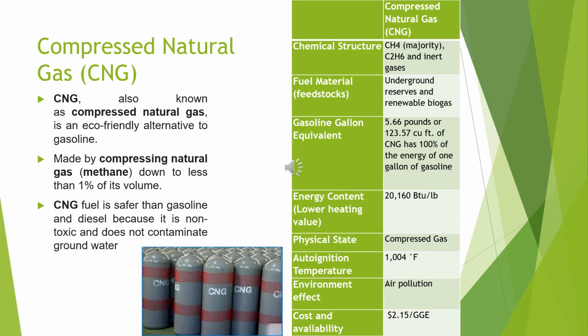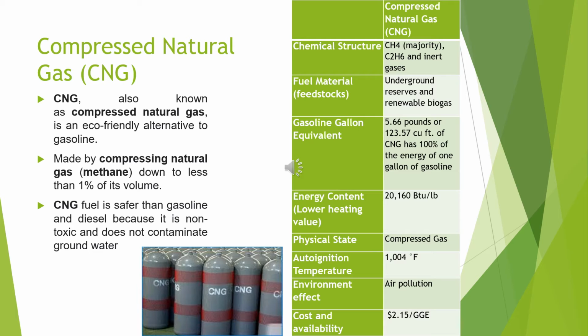The chemical structure of CNG is CH4 majority and C2H6 and inert gases, and its fuel material is underground reserves and renewable biogases. Its gasoline gallon equivalency is that 5.66 pounds of CNG has 100% of the energy of 1 gallon of gasoline, and the energy content is 20,160 BTU per pound.